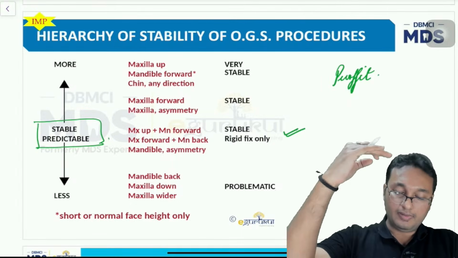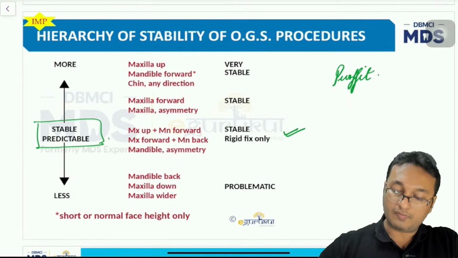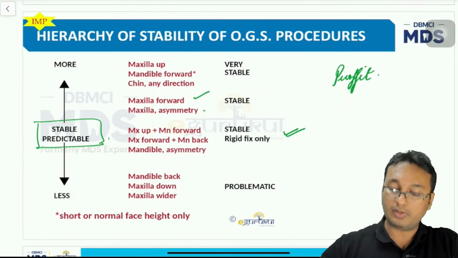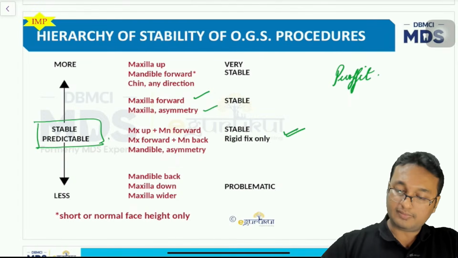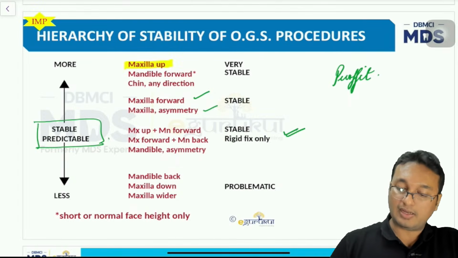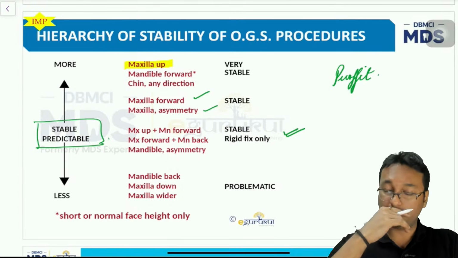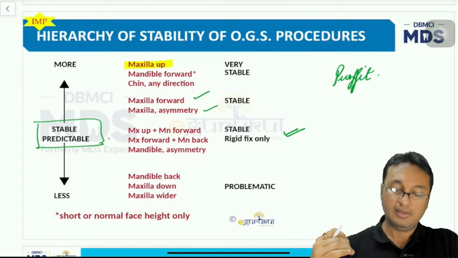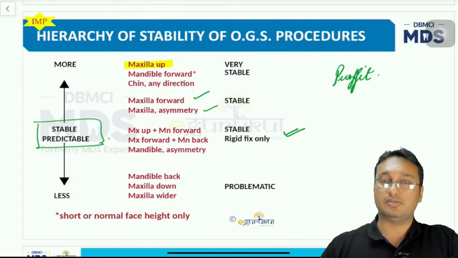And you go up, that means for more stability, example could be you can move the maxilla forward, or you can correct the asymmetry of the maxilla. And very, very stable is you move the maxilla up. Example, Le Fort 1 surgery, whenever you want to treat the vertical maxillary axis, or you move the mandible forward, or you move the chin in any direction.